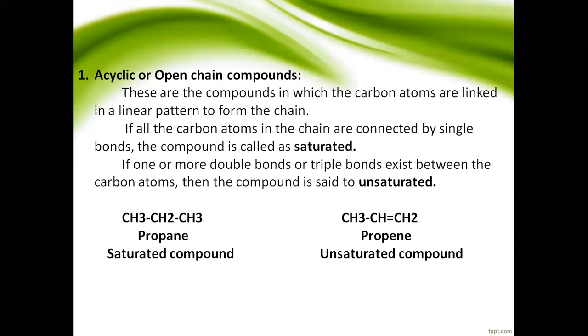The next one is unsaturated. This is also a linear pattern to form a chain, but with one or more double or triple bonds. Example propene, that is an unsaturated compound. So propane is a saturated compound and propene is an unsaturated compound.